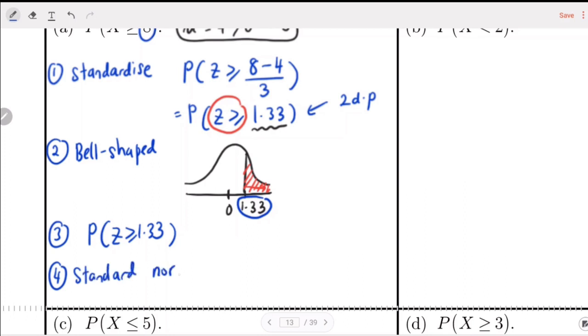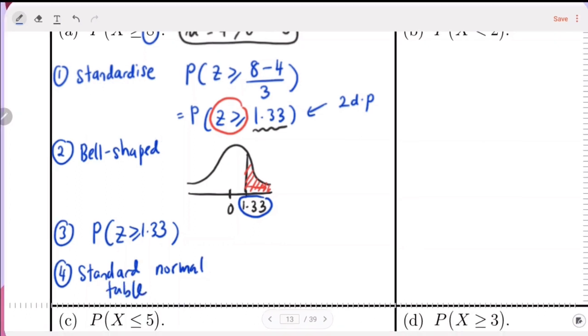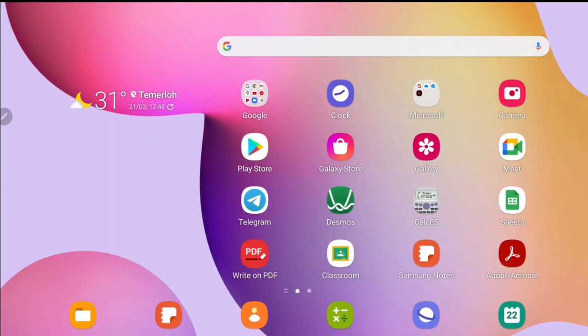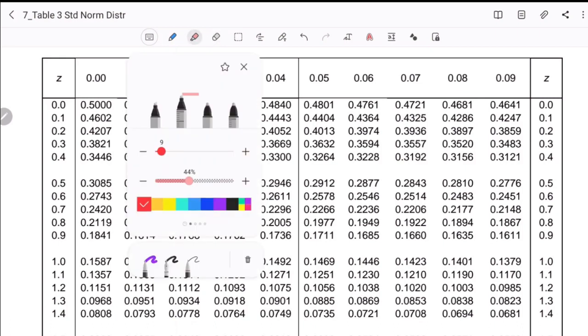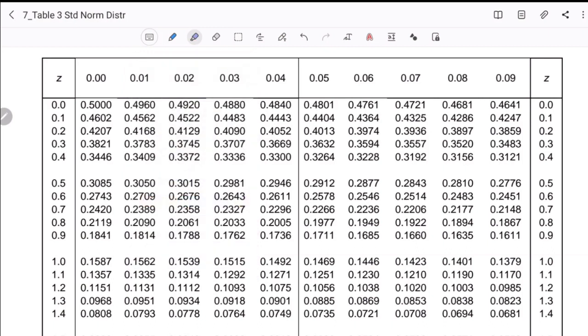Standard normal table. So to take a look at the standard normal table and find the value for 1.33. First, you need to find the 1.3 first, which is on your left side here, 1.3. And then for the second decimal, it's going to be up there.